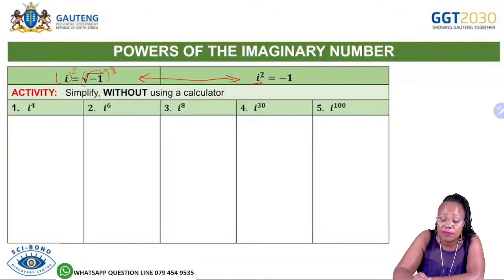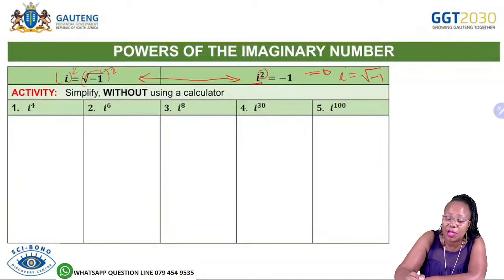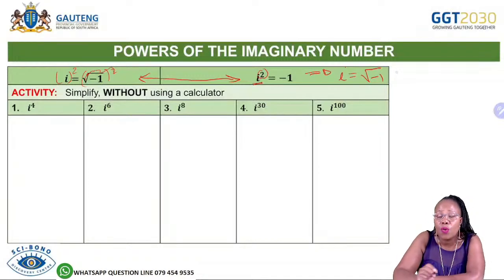The same applies from this one. If this side loses an exponent 2, the right hand side gains a square root sign, so it will be the square root of minus 1. You only consider the positive one. We don't say plus or minus the square root of negative 1. We take only the positive one, right?